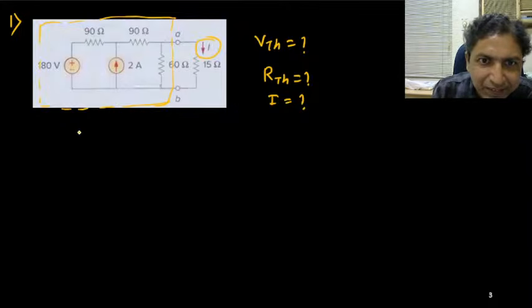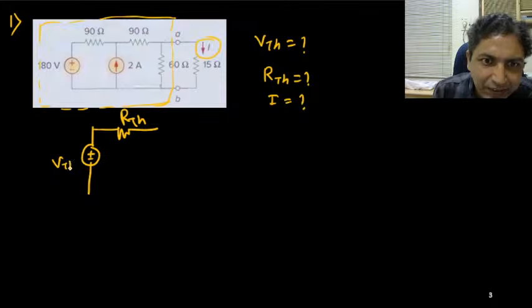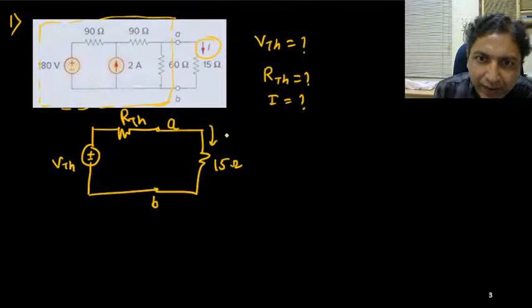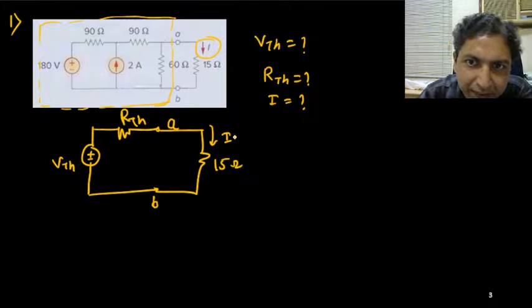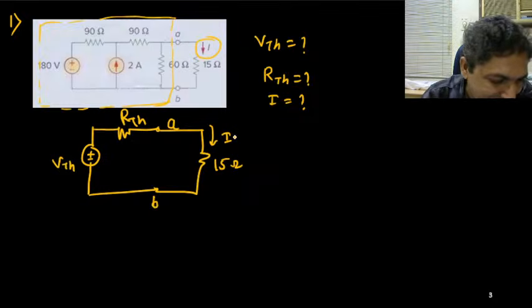First replace this part by one potential source and one resistance, that is VTH and RTH, and then you connect the 15 ohm resistance between nodes A and B and find the current I. We are interested in finding all three: VTH, RTH and then capital I.